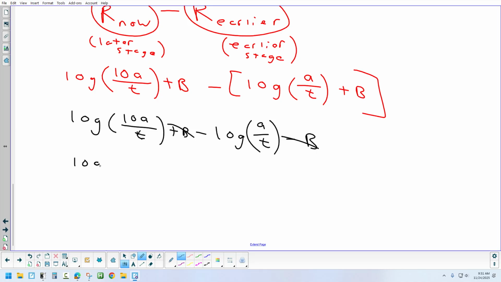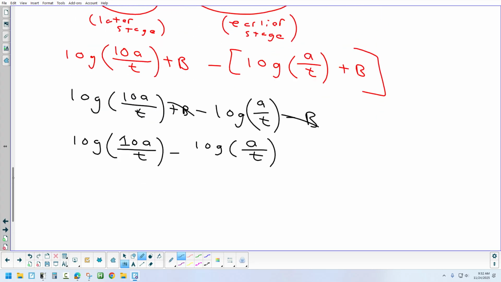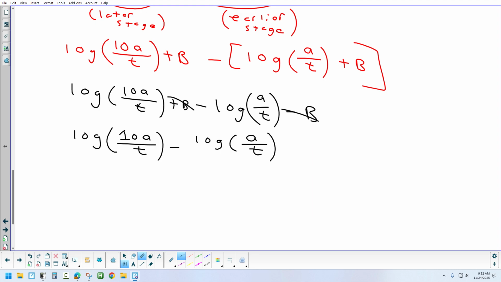So now we have log 10A over T minus log A over T. Now, let's take each log and break them up. How can we split the first log into two logs? Can you tell me what you would be subtracting?